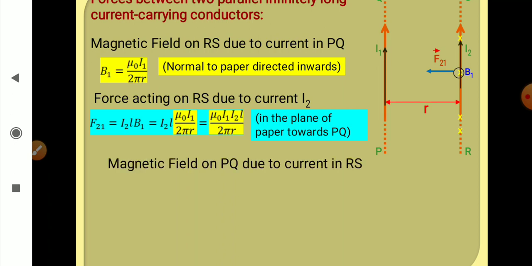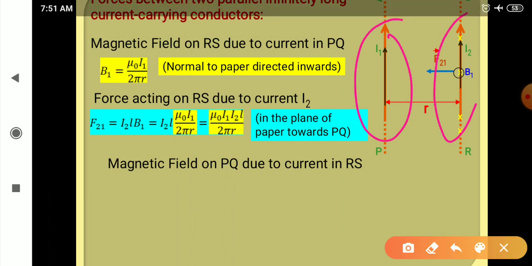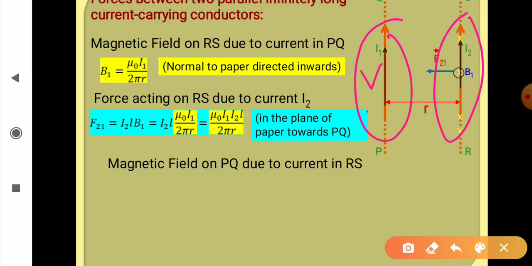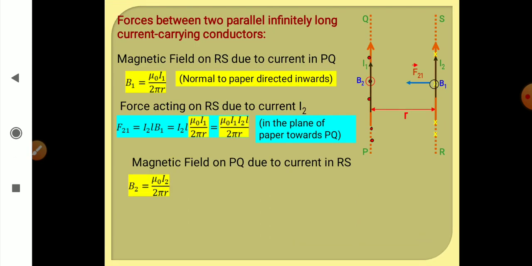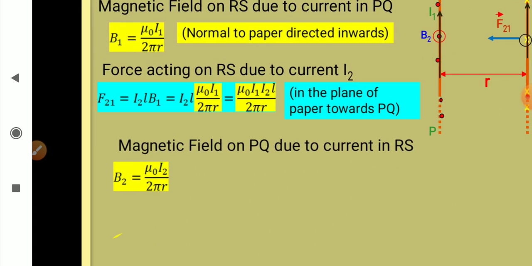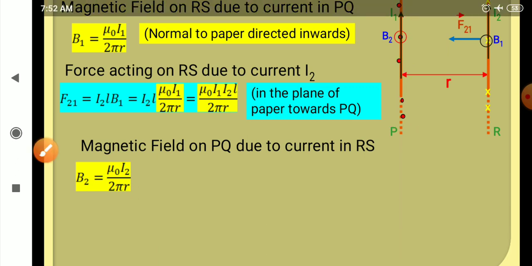Now magnetic field on PQ due to RS. See, exactly the same thing happened for this one also. This current carrying conductor will produce its magnetic field here. So the magnetic field on PQ due to RS, B2, you see, is mu naught I2 upon 2 pi R. You can see that this magnetic field B2 is there, and it is produced at every point, right?